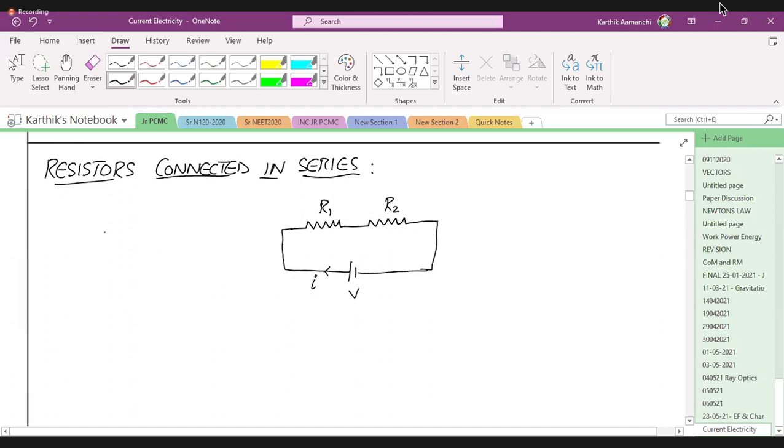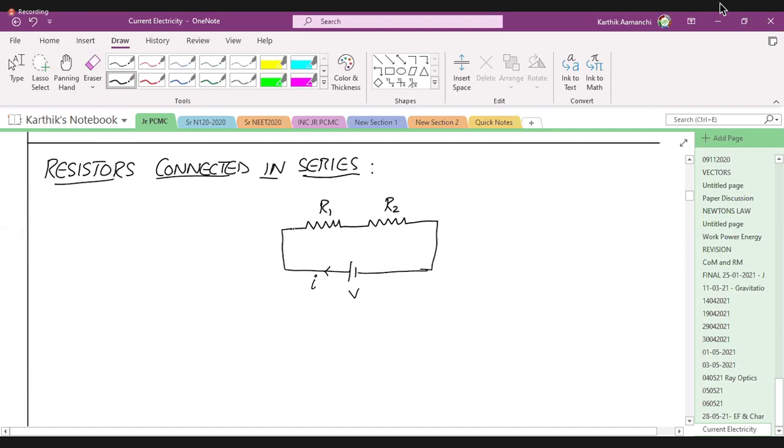Very easy. Do it, and what is the method to do it? Loop law. It'll be IR plus IR.